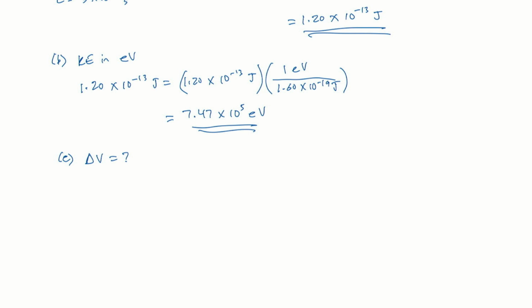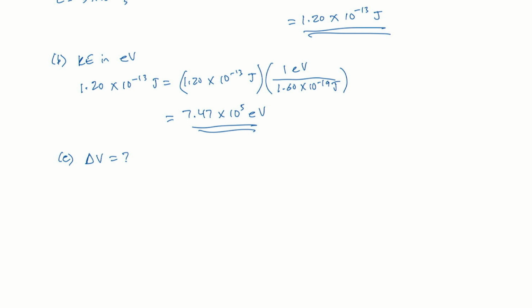And then the helium particle or helium nucleus is going to travel through the potential difference. All the potential gets converted to KE. So at the start, there's no kinetic energy. At the end, there's the kinetic energy we found. At the start, it's full potential. At the end, the potential is 0.